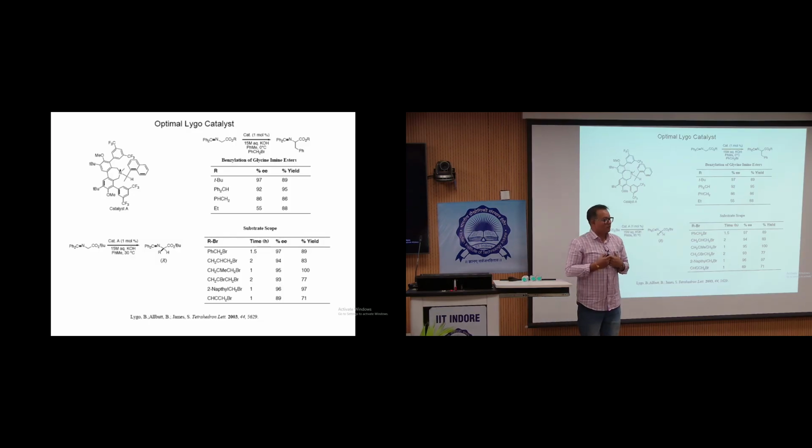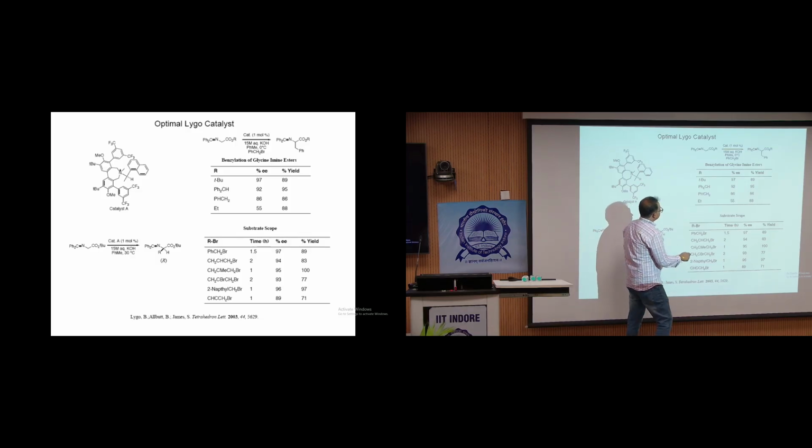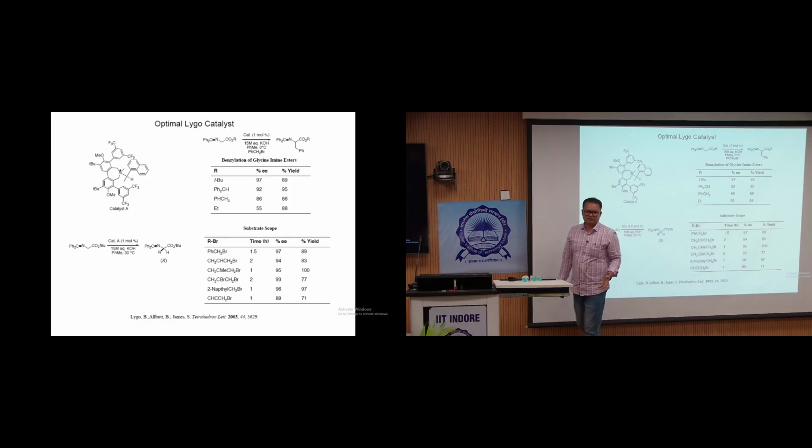If you ask me, so why did it go? When I change the alkyl group to ethyl, you see that enantiomer selectivity reduced to 55%. Why did it happen? And frankly speaking, at this moment, I am not in a position to answer this, and neither are the authors, because they have tried to explain using ion pair interactions, because we cannot tell any other mechanisms involved in such organocatalytic reactions.